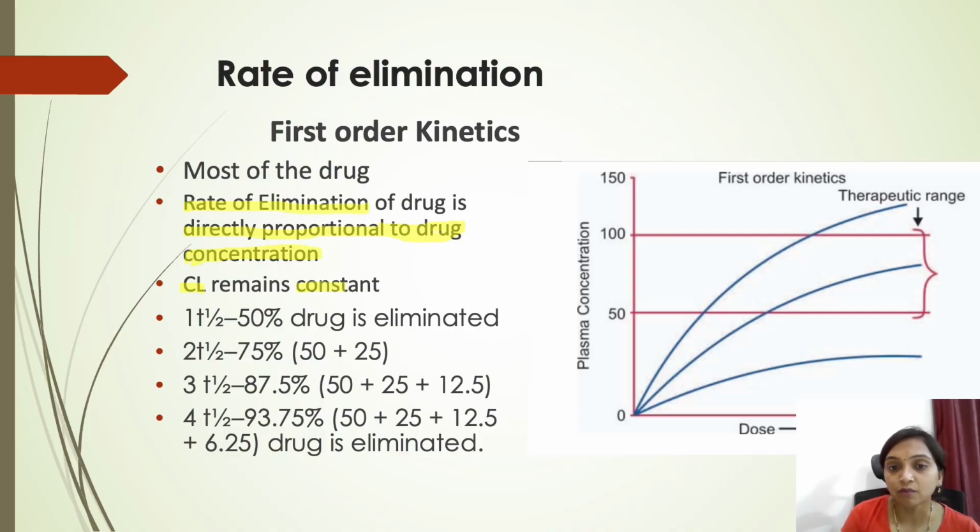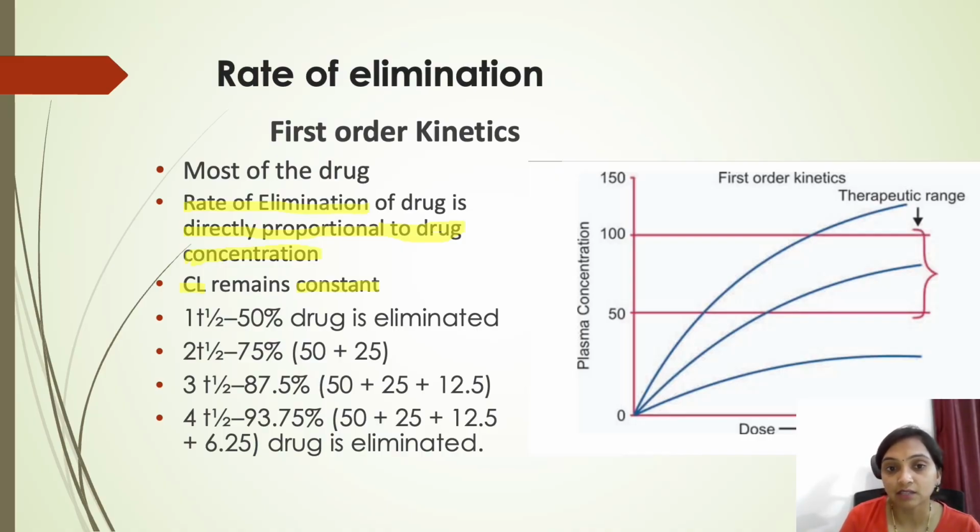Meaning what? If you are giving 100 mg of drug and 50% elimination, then after 1 t-half the amount of drug which will remain is 50 milligram. And if you give, say, 200 milligram, after 1 t-half the amount of drug remaining is 100.